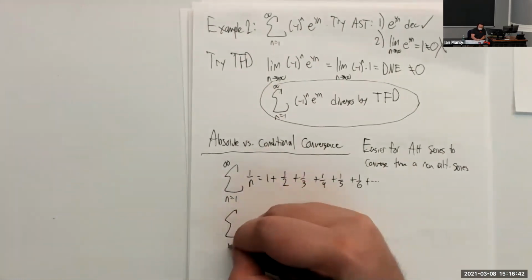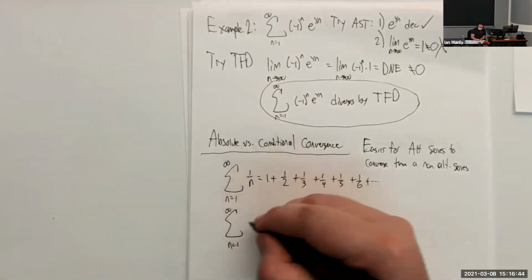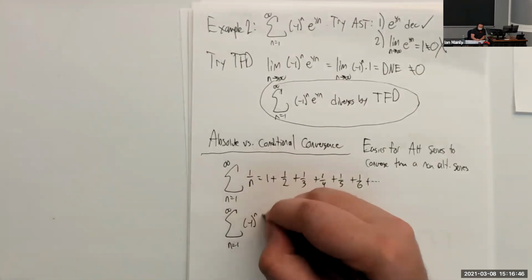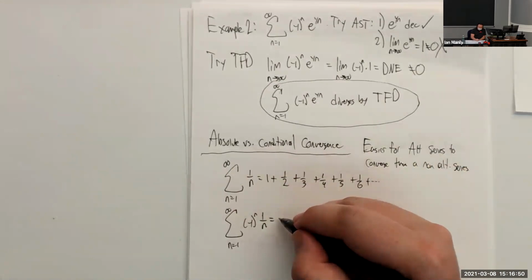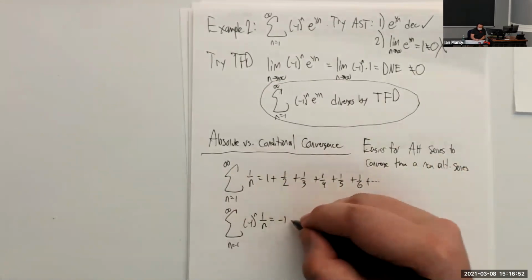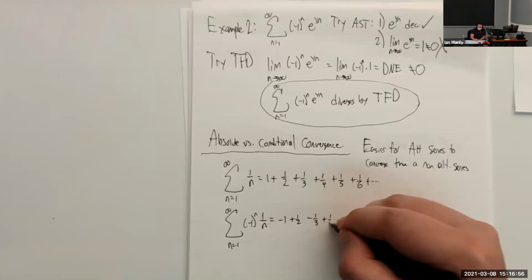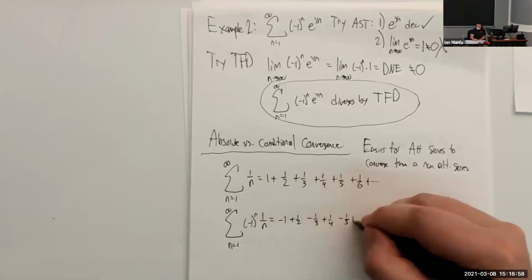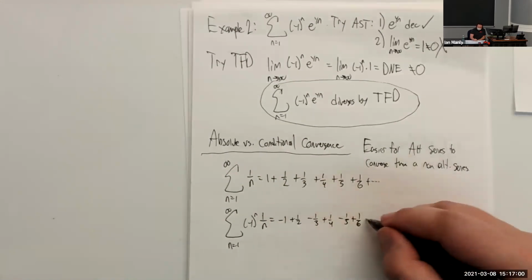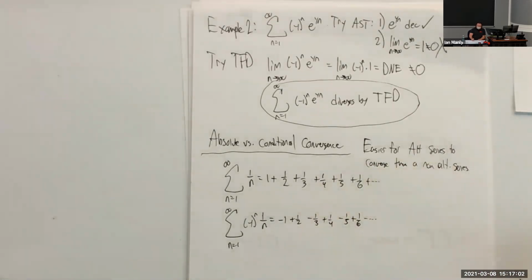Now let's take a look at the alternating version of this that we saw earlier. -1 to the n times 1 over n. So this will be -1 plus 1/2 minus 1/3 plus 1/4 minus 1/5 plus 1/6, etc.